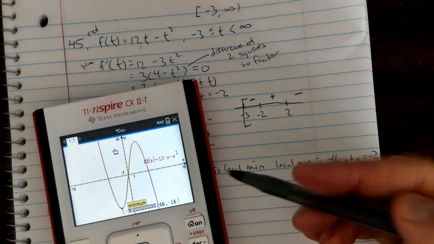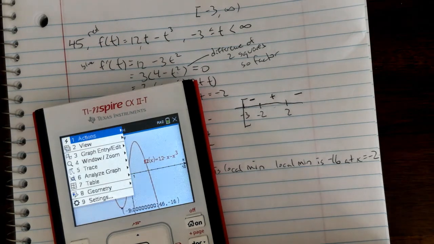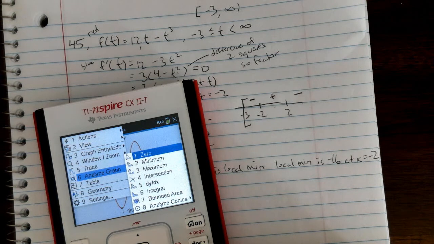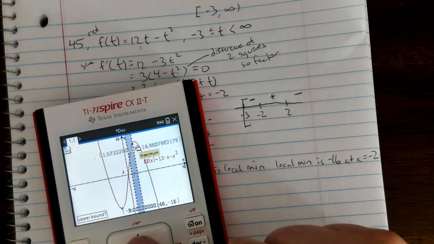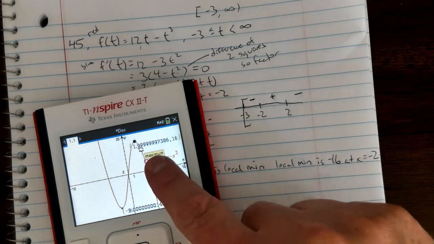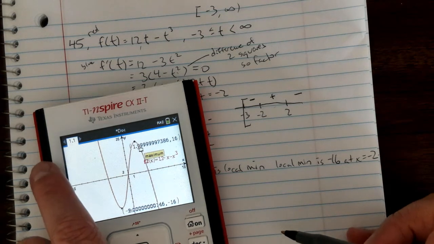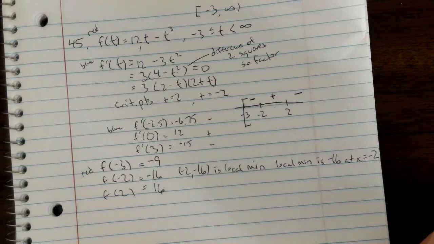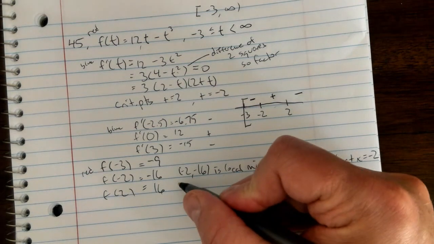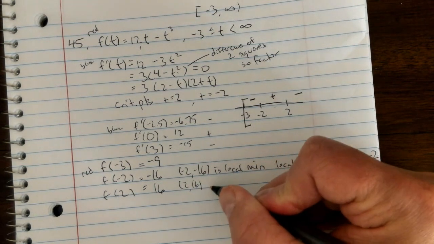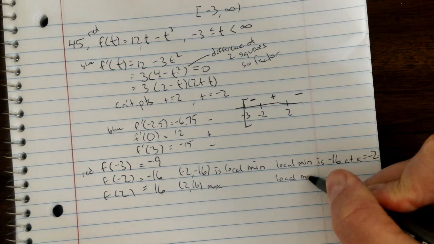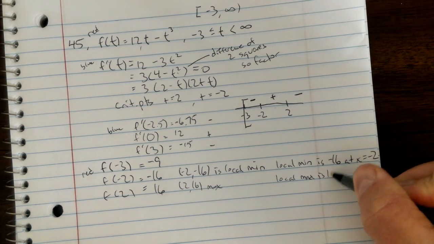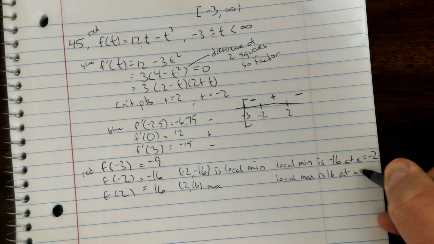Then the other one, this is a max of 2, 16. And so we say local max is 16 at x equal 2.